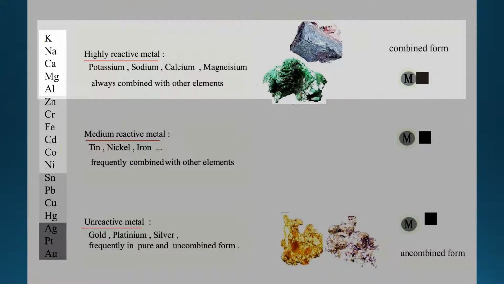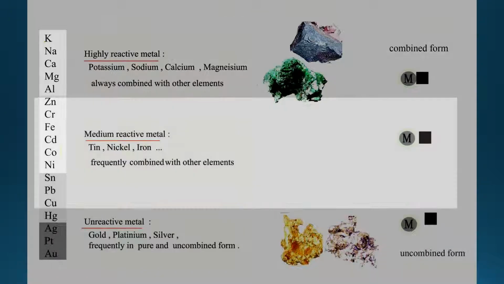So, on the top of the activity series, they are always in a combined form. As in here, this is the hematite. It contains iron in it. And here it contains copper in it. All these are in a tight combined form, so it is very, very hard to extract them out.